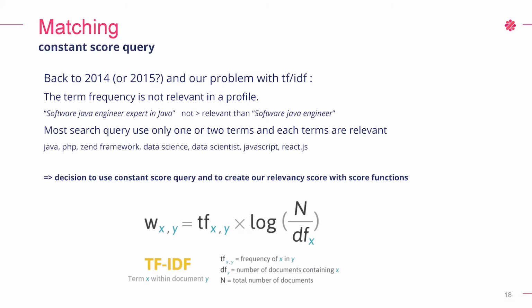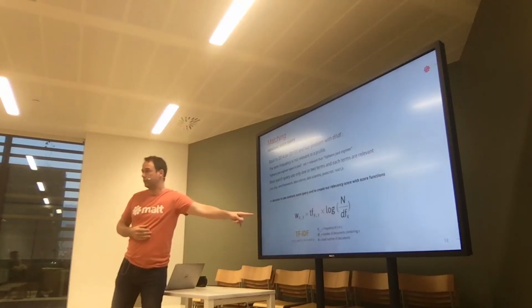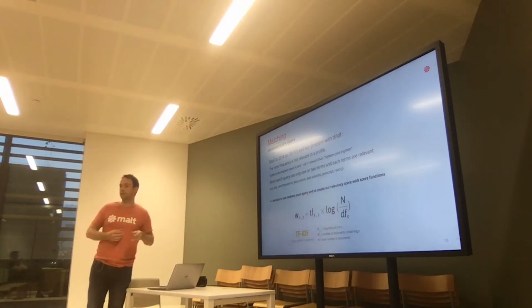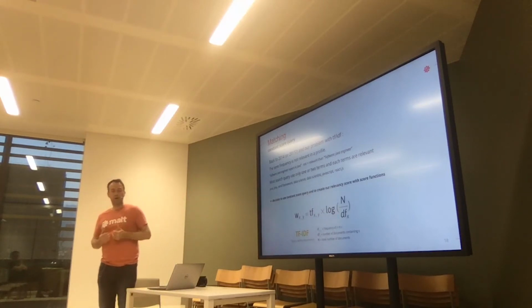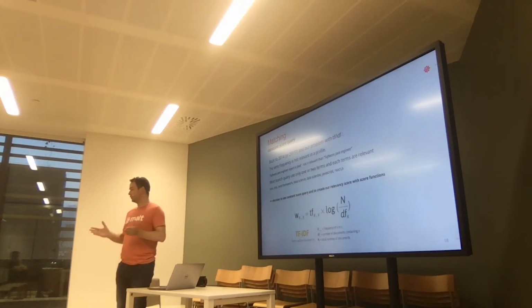Just a few minutes ago, I said that we use a constant score query. I don't know if you know what a constant score query is, but in our case, the frequency of the term is not that relevant for us. I think that you all know this formula. This formula is how Elasticsearch computes the score of one document within your results.